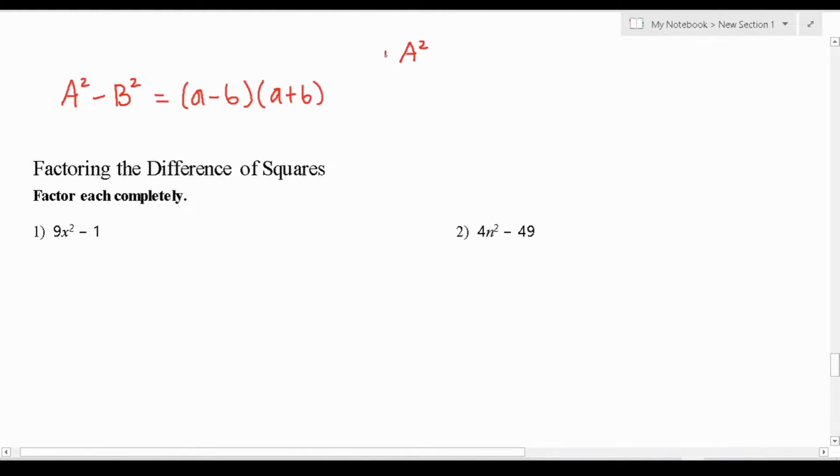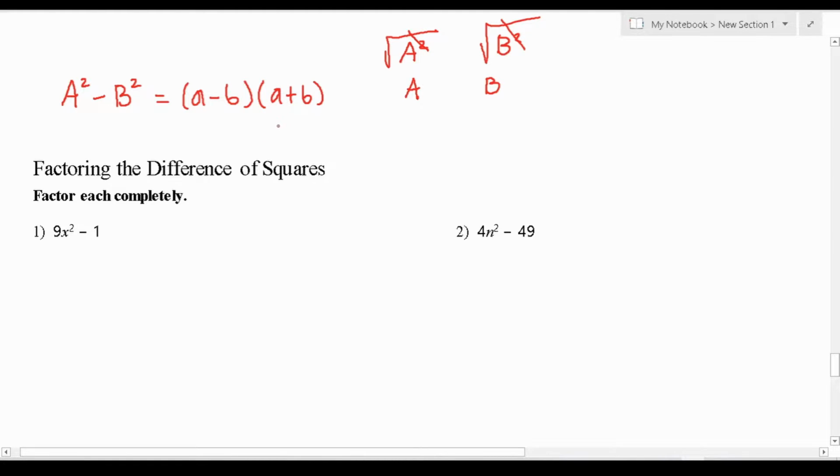So to do that, you simply take the square root of a squared. This crosses out, leaving you with just a, which you can now plug right into the solution. Similarly, to go from b squared to just b, you take the square root of b squared. This crosses out, leaving you with just b. And now you can simply plug in b in this solution accordingly.